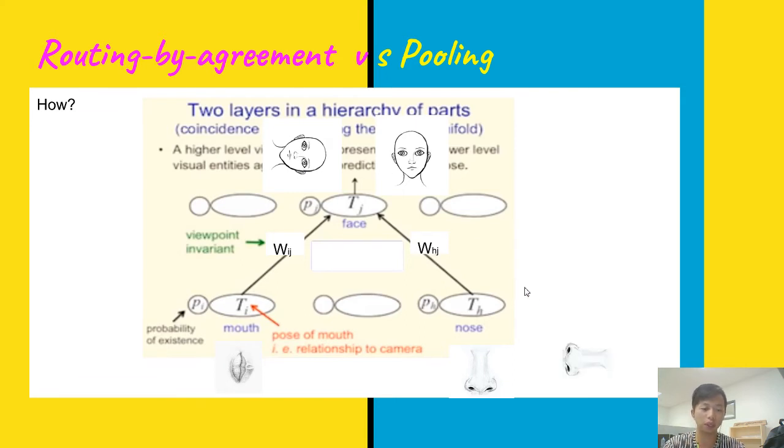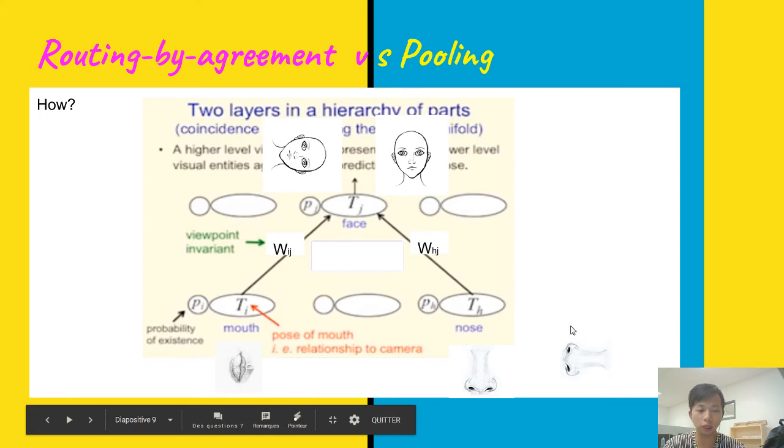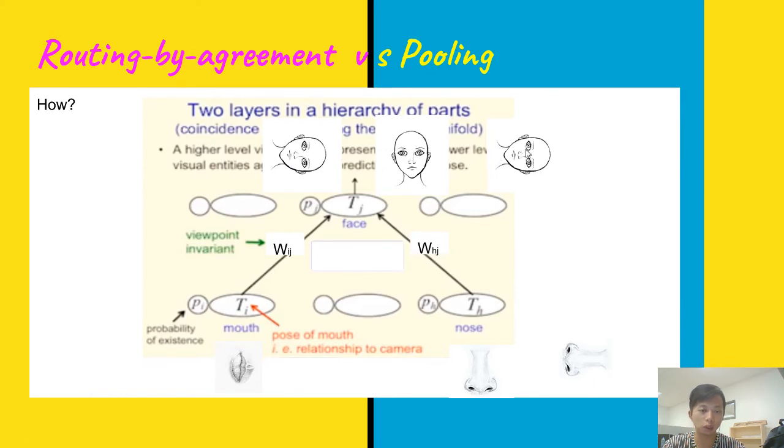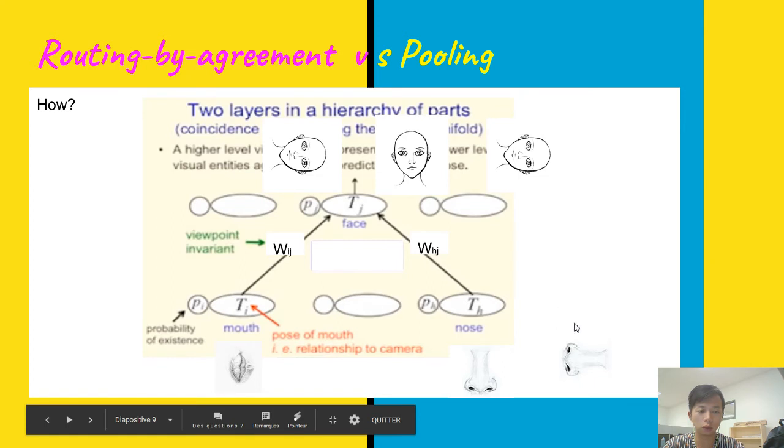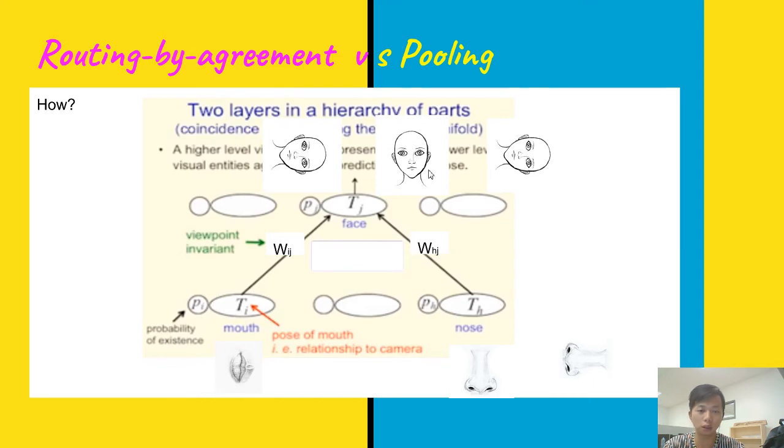Imagine if we have a third capsule like this and it made a prediction like this. So these two capsules agree with each other and disagree with this capsule's result. So the weights of these two capsules connected to J will be increased, and the weight of the connection with this prediction will be decreased.